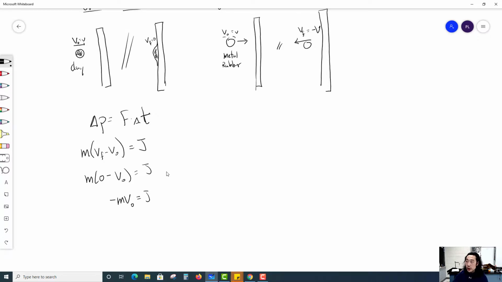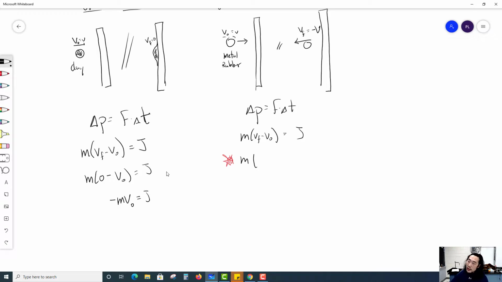Now let's compare that to this one. Delta p is equal to F times delta t. We can say that m(vf minus vo) is equal to J. This is the part that a lot of students forget, so I'm going to put this as a red flag moment. This is the key to solving this problem.